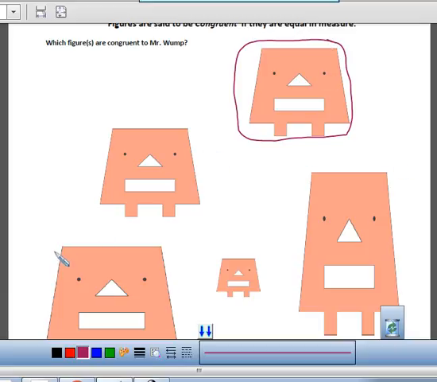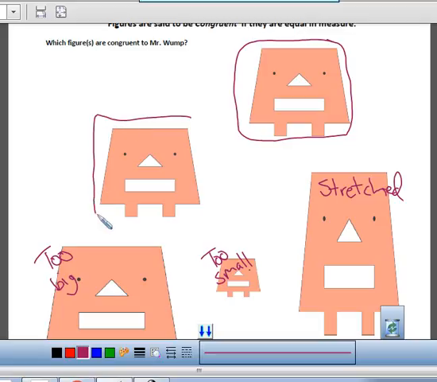Now it's not this one here because this one is too big. And it's not this one here because this one is too small. This one here is stretched. So it's none of those. Obviously the one that it is congruent to is this one right here.